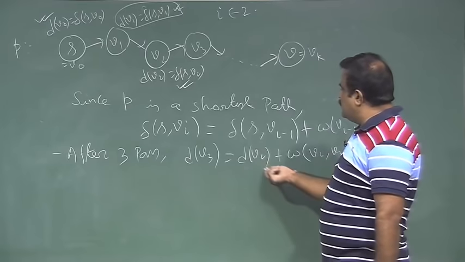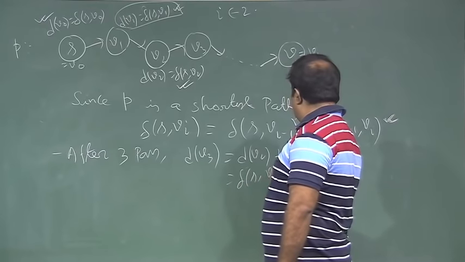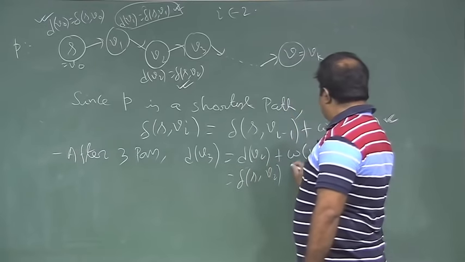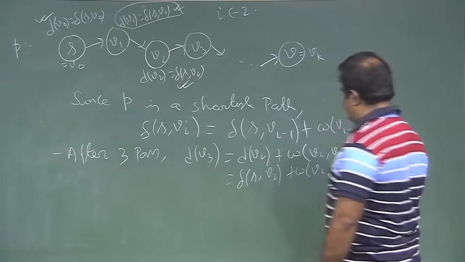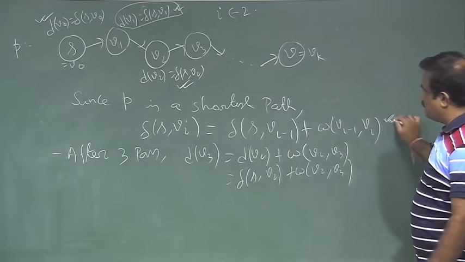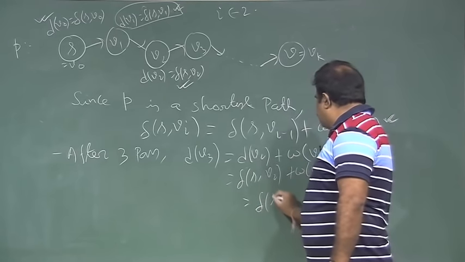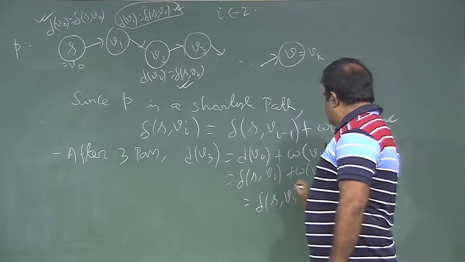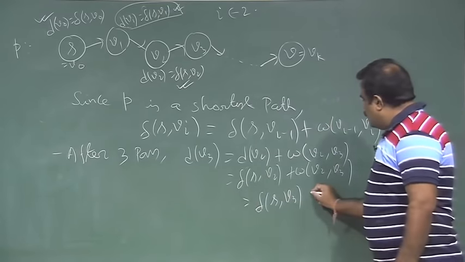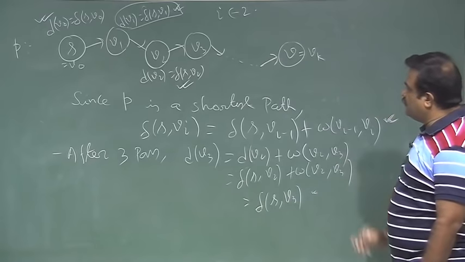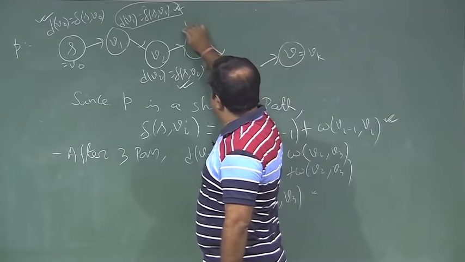Now this is already done. So this is basically delta of S comma V2 plus W of V2 comma V3. Now, again by this theorem, by this result, we can say this is nothing but delta S comma V3. So this is done after the third pass, after i is equal to 3.